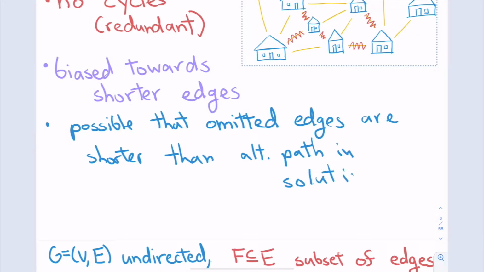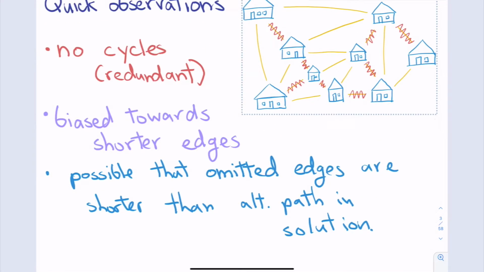So it's not 100% obvious that we shouldn't use that edge. That's all that's being suggested. Okay, so let me start off defining these things a little bit more formally.